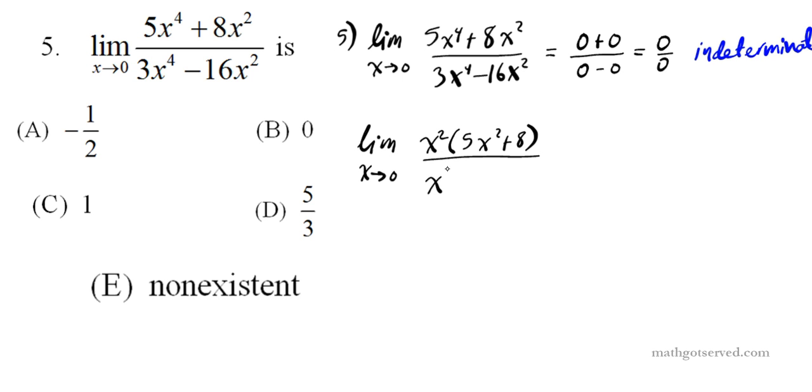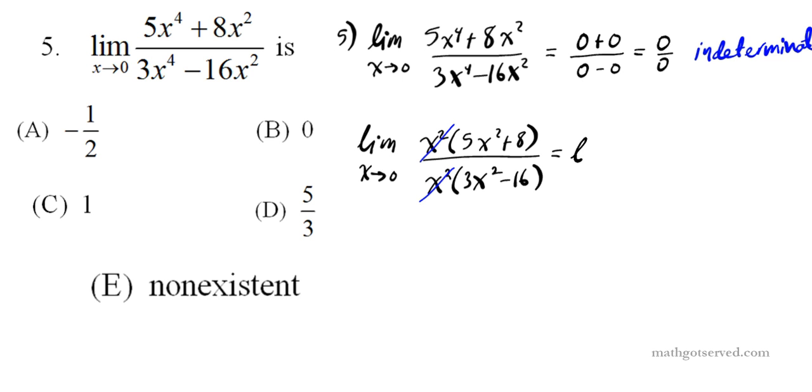So x squared, and we're left with 3x squared minus 16. What you notice is that we have a removable discontinuity at x equals 0, the number that the limit is approaching. Perhaps that's what caused us to get an indeterminate output, evaluating the function at the removable discontinuity.